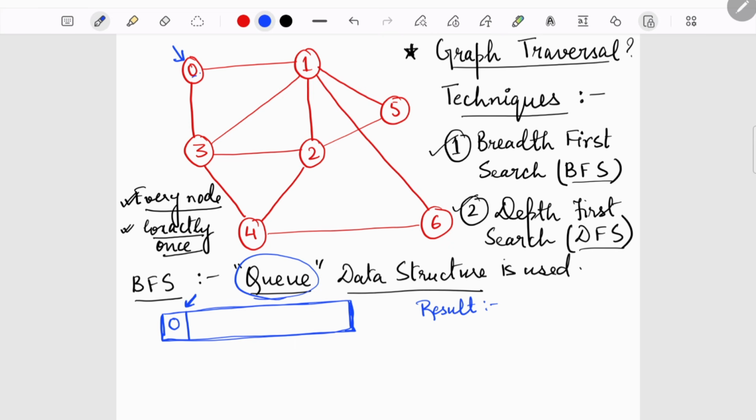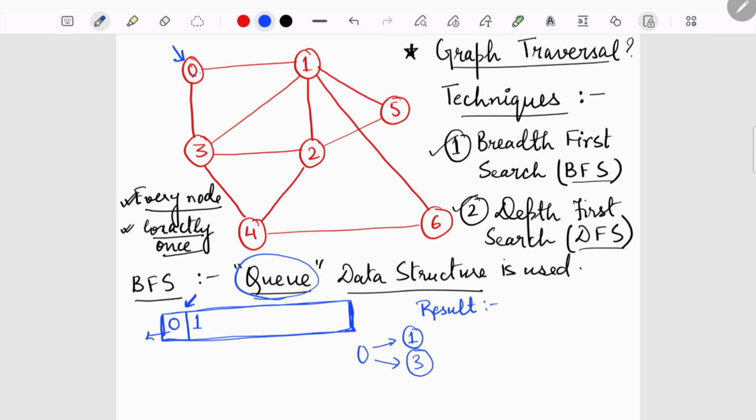Now as 0 is leaving the queue, the first thing we have to do is put all the nodes which are directly connected to node 0, also known as the adjacent nodes, into the queue. So tell me, which nodes are directly connected to node 0? You can see node 1 is connected to 0 and node 3 is connected to 0.